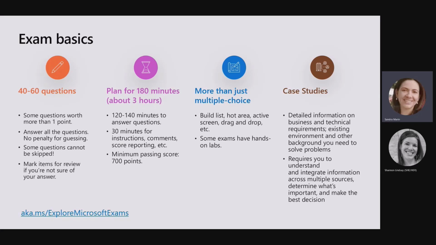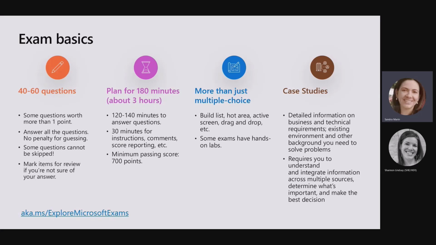There are no penalties for answering a question the wrong way. But if you don't answer the question, you may be missing points. Some questions you can decide not to answer, although we recommend answering all the questions. But some questions you must answer and cannot be skipped. You will notice because you cannot move forward to the next question.